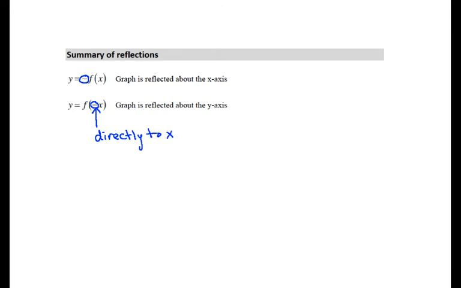When the minus sign is applied directly to x, we see our reflection about the y-axis. When the minus sign is outside and applies directly to the whole function, that's when we get our reflection about the x-axis. That's like changing the signs of all the y values instead of changing the signs of all the x values.